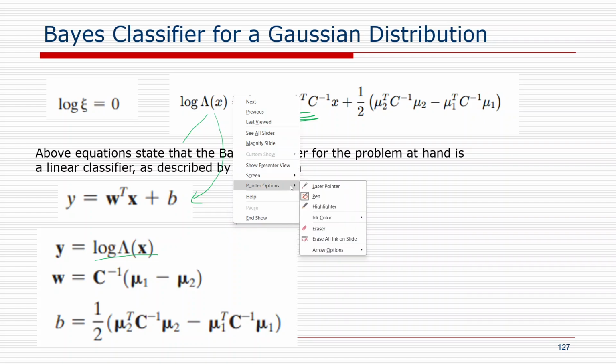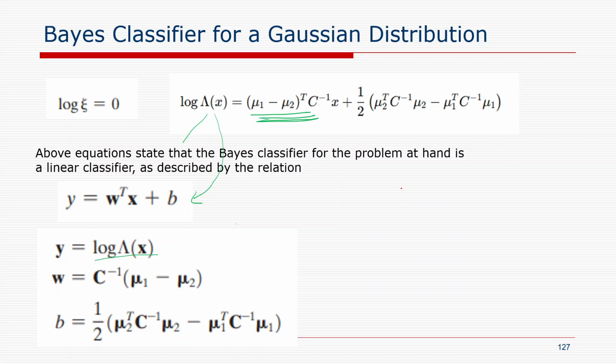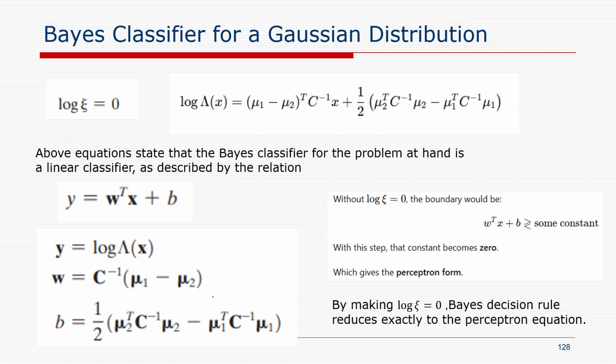And similarly for the bias term, it is 1 by 2 mu2 transpose C inverse mu2 minus mu1 transpose C inverse mu1. The bias term is going to take this particular value which is shown here.